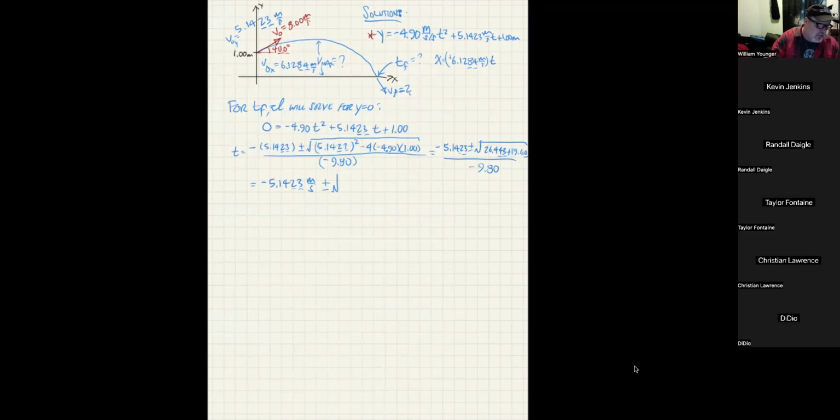I'm just carrying all the digits just for the heck of it. That's the square root of 46.0432. That's more than enough extra digits there. Notice that came out to meters per second times meters. So this is meters squared per second squared. Times, let's see what else. Wait a second. That was meters squared per second squared minus 4.